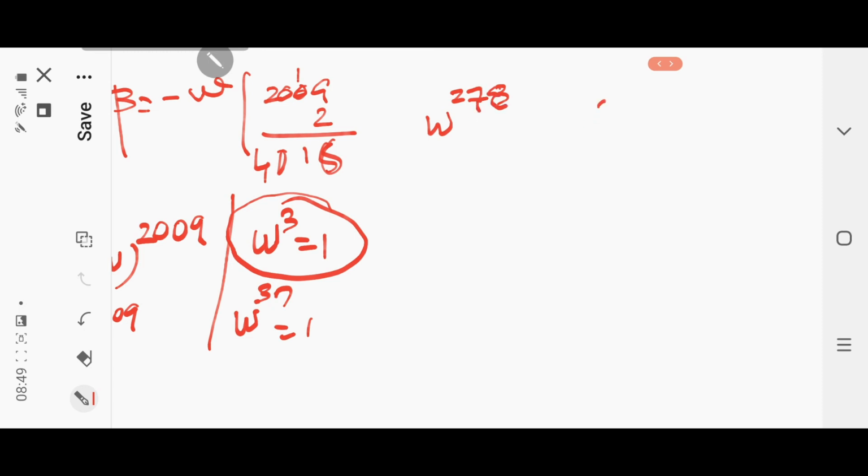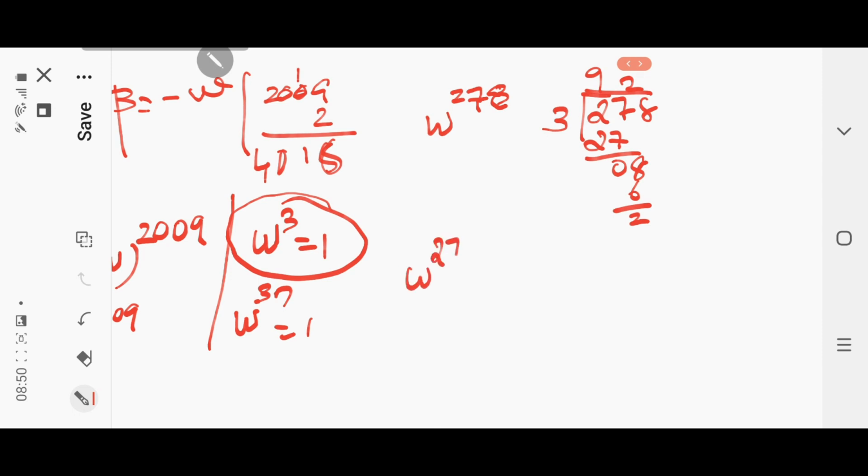The shortcut way is to divide 278 by 3. 9 3s are 27, remainder 0, you take 8, and 3 2s are 6, and remainder is 2, right? Therefore you can write omega raised to 278 as omega cube raised to 92 into omega square.